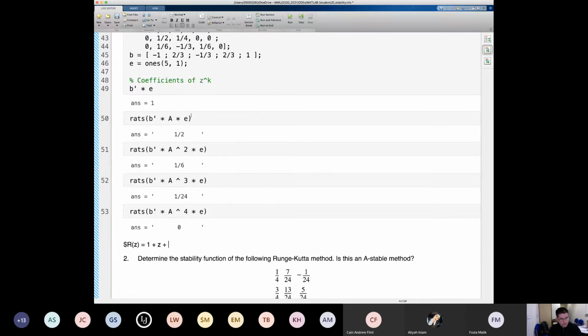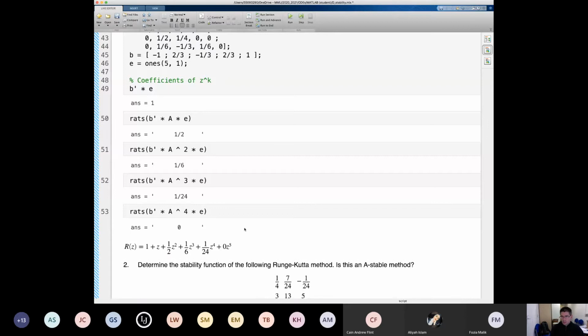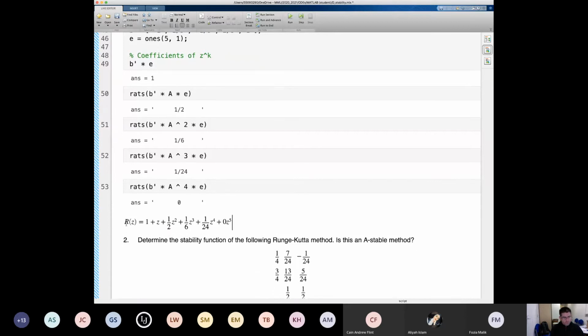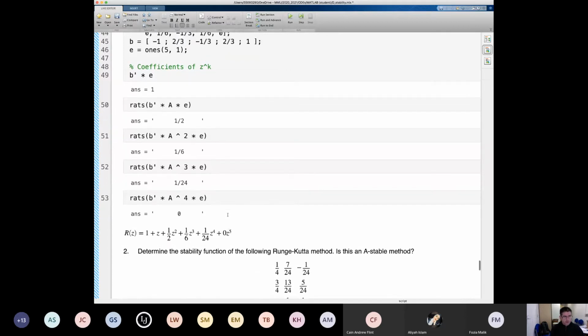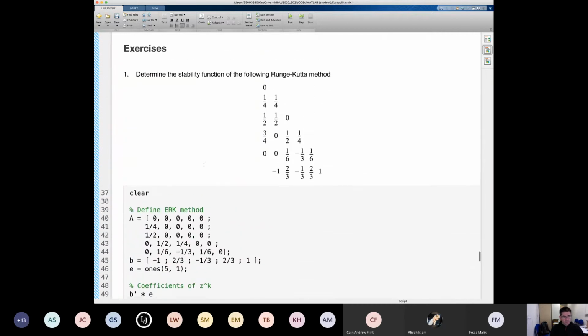So we've got 1 plus Z plus half Z squared plus 1/6 Z cubed plus 1/24 Z to the power 4 plus 0 Z to the power 5. Okay, so that's the stability function for this Runge-Kutta method.